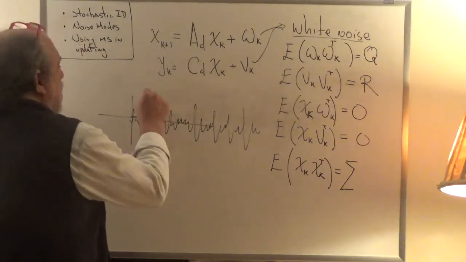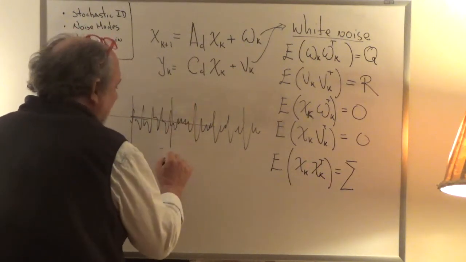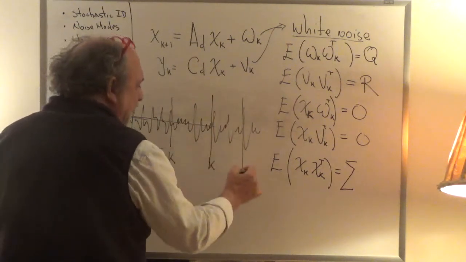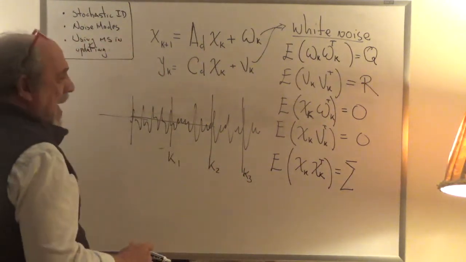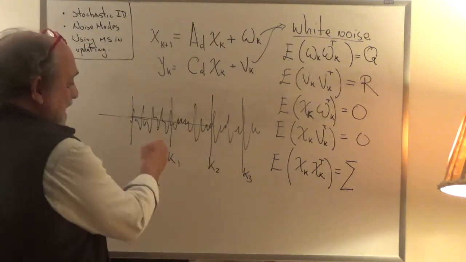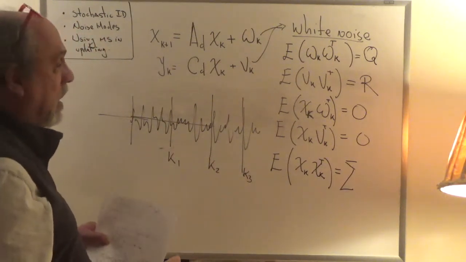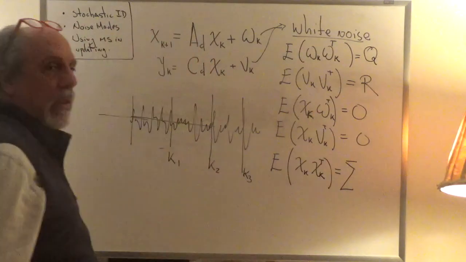So we are just simply saying that the state at any k, whether you take it here, or here, or there, at k1 or k2 or k3, it's not that it is the same, it's that its expectation, what you expected that it would be on average, is the same. Okay?